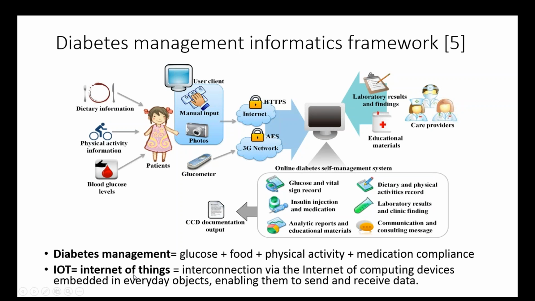What is new, at least at this moment, is this idea of Internet of Things. Each of these acquisitions is done by sensors that are embedded in devices integrated on the internet. In other words, this is called Internet of Things. Everything is going to be interconnected.